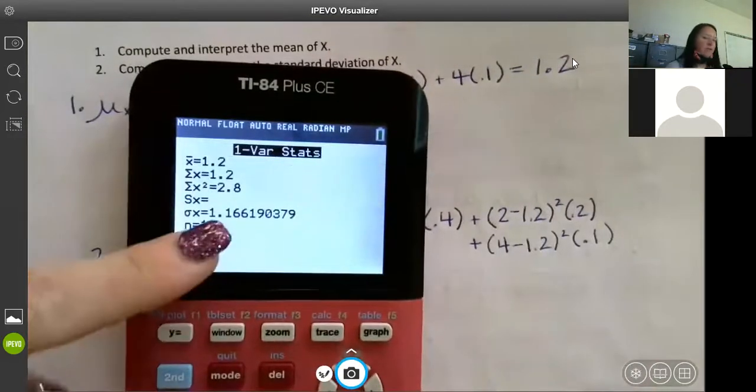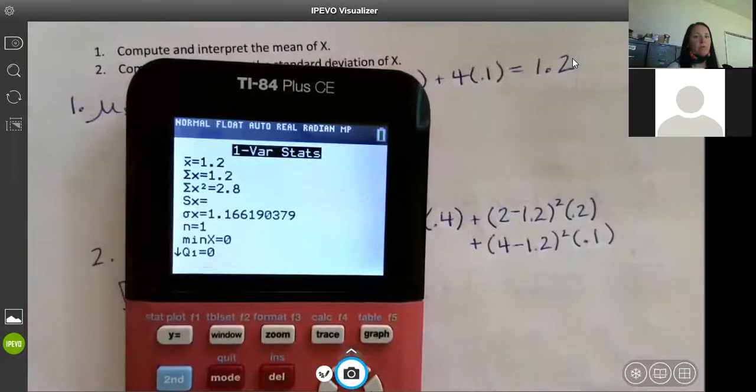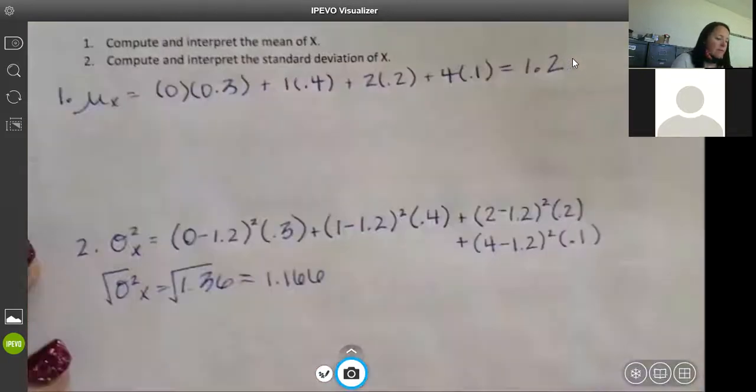You guys see your standard deviation? If they ask you to find your variance, how would you find your variance? Square that number. So you don't have to do any real work. So there they are. Any questions about how you find them in your calculator? You guys good? So I'm not going to write that down because we've already found it by hand, but I want it to be there.